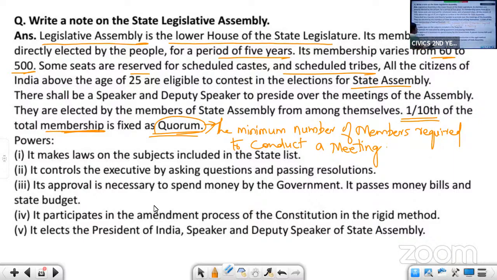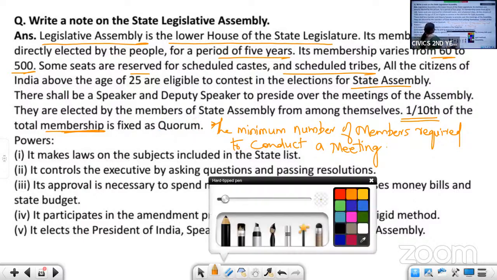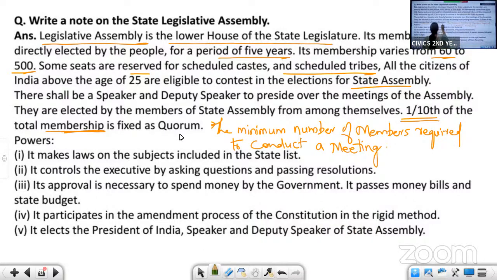Remember this word, quorum. Quorum means the minimum number of members required to conduct the meeting. So the quorum of the Legislative Assembly is 1/10 of the total strength.